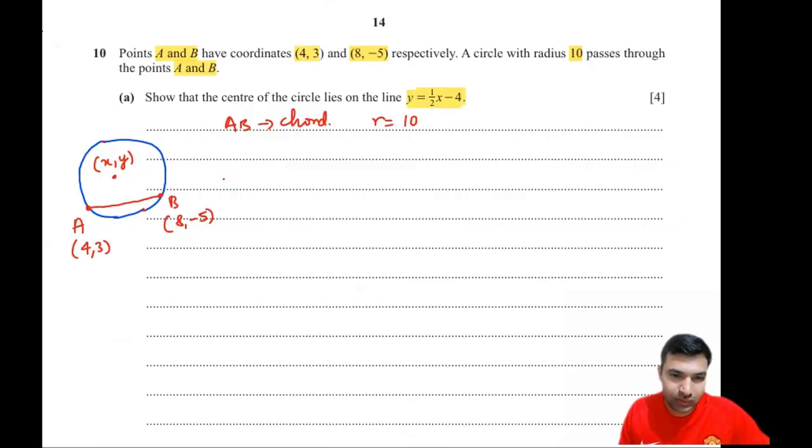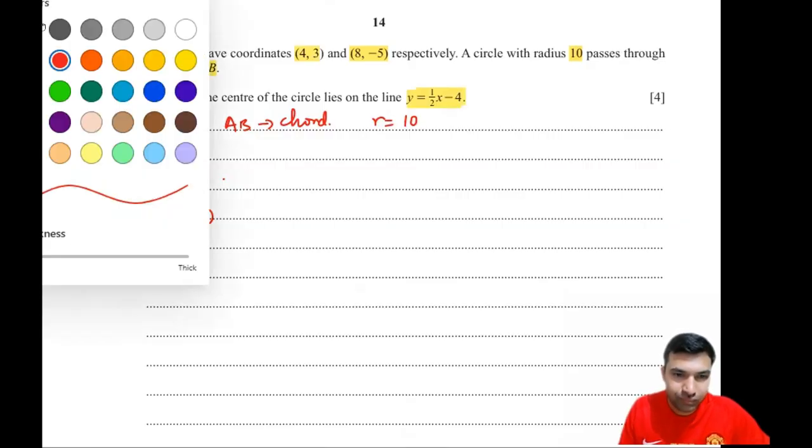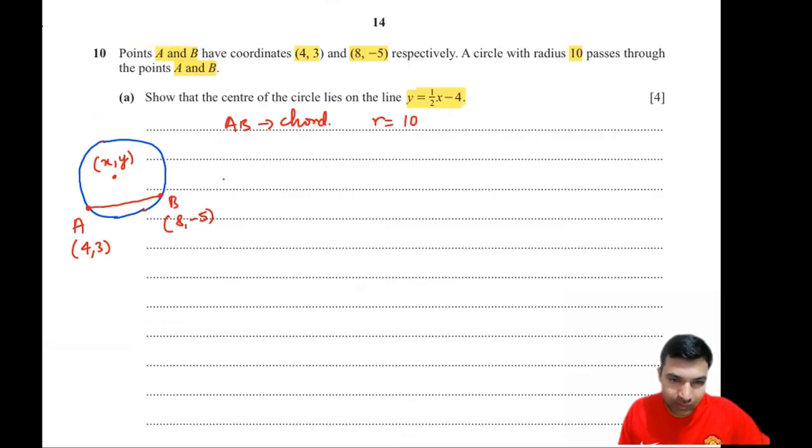One of the circle theorems says, if I have a chord, then a line that passes through the circle will be perpendicular to it, and it will also bisect it.